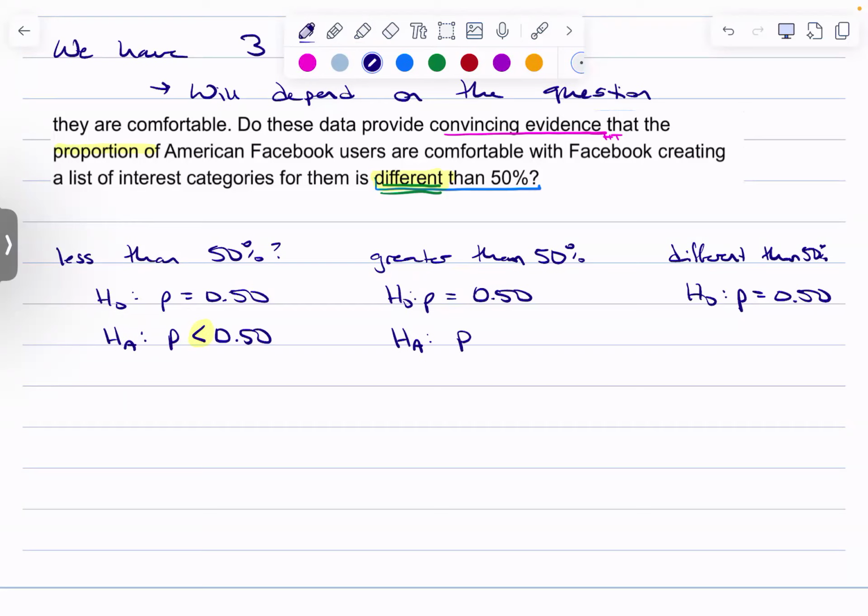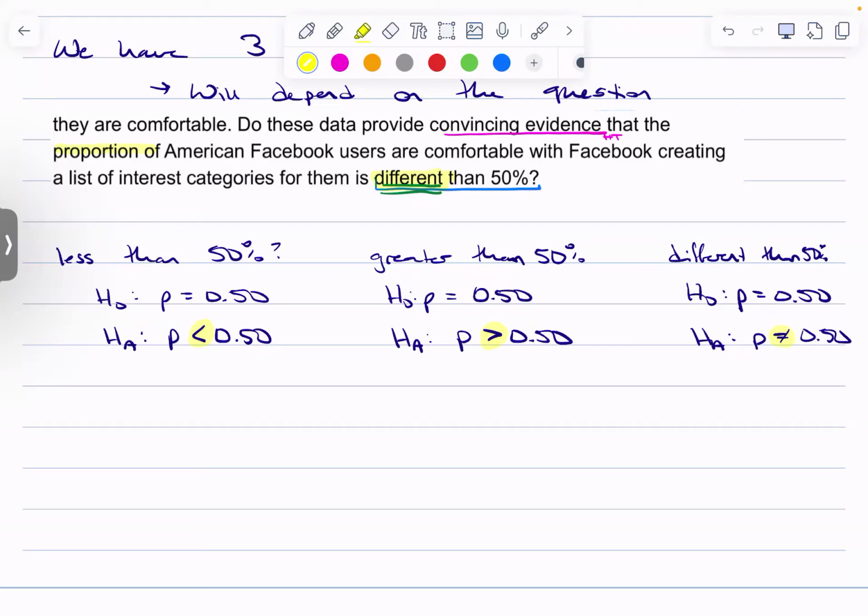And then we already saw, if we want to show that it's different, I don't actually care which direction, right? And so I want the not equal to.